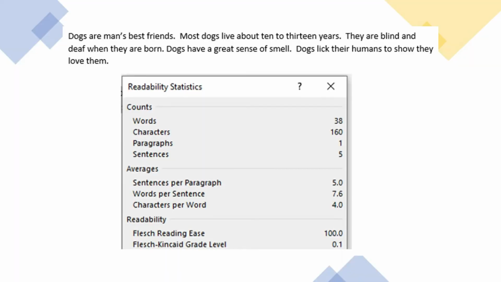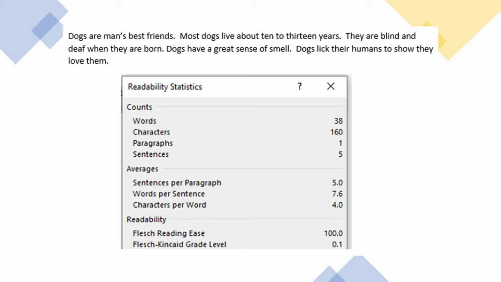So in the averages, it tells me that I had 5 words per sentence. That's really short sentences. Sophisticated writers definitely want to have more than 5 words in a sentence. There were 7.6 words in a sentence and 4 characters per word, meaning I use really short words.